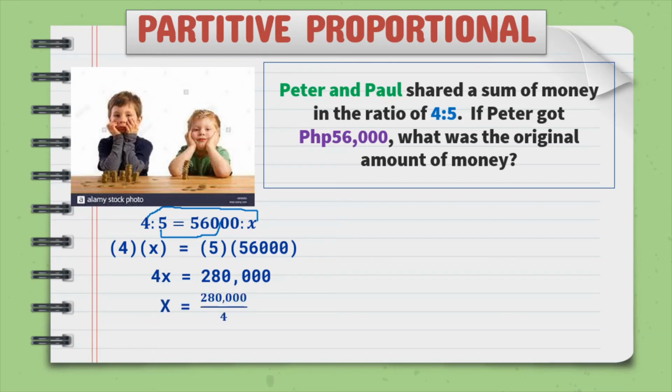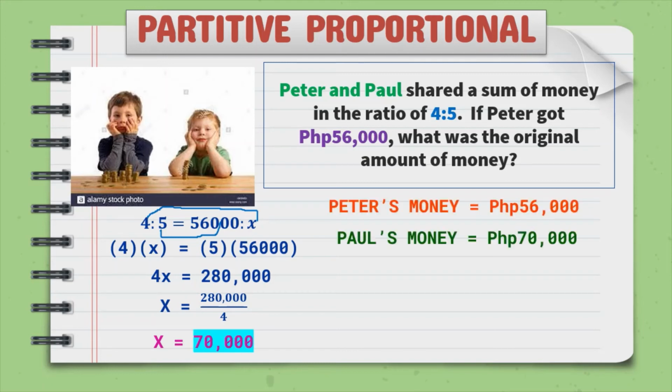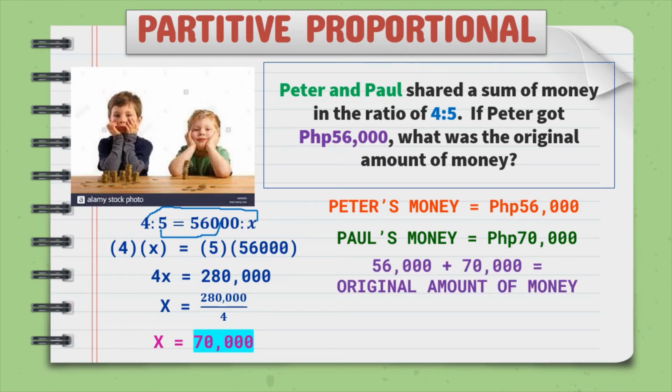So we will divide it by 4. 4x divided by 4, that is x. 280,000 divided by 4, that will be 70,000, meaning the part of Paul is 70,000. So Peter's money is 56,000. Paul's money is 70,000. So 56,000 plus 70,000, the original amount of money is 126,000.